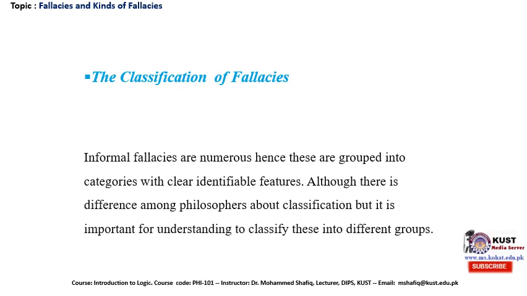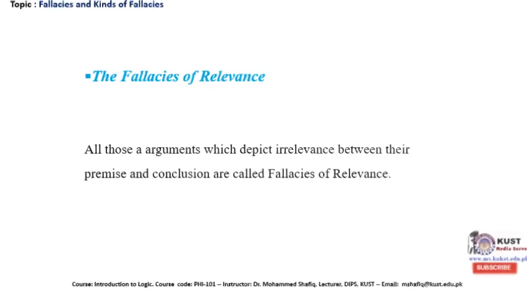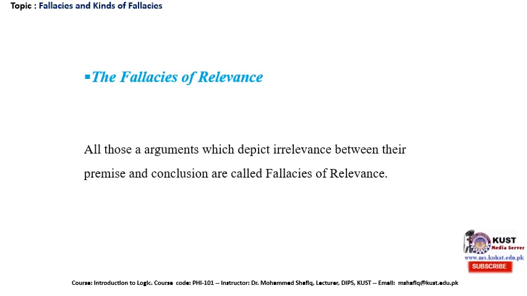Different sets have been specified and different names have been given to these fallacies. But the important classes which have been identified by these different philosophers and logicians are as follows. So the first class or group of fallacies is called fallacies of relevance.